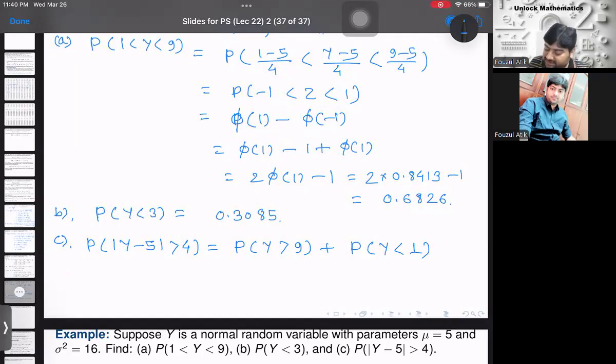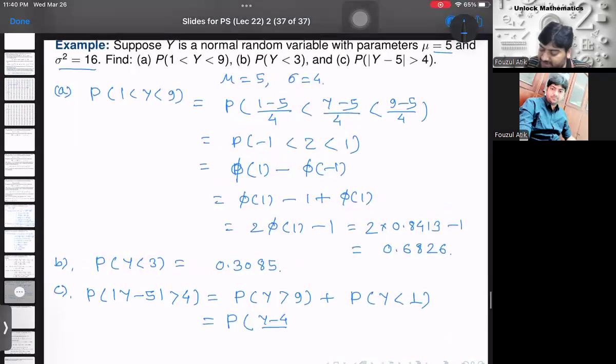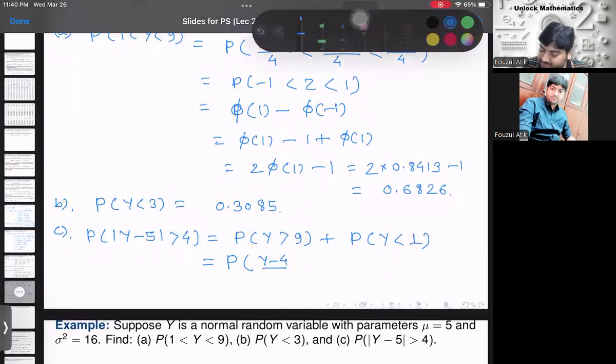And after that, it is again the same thing. We have to convert it into a standard normal variable, and we can do the same. So P of y greater than 9 is y minus, because mu is 5 here, so y minus 5.